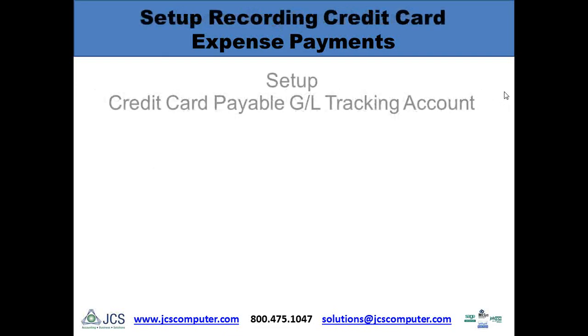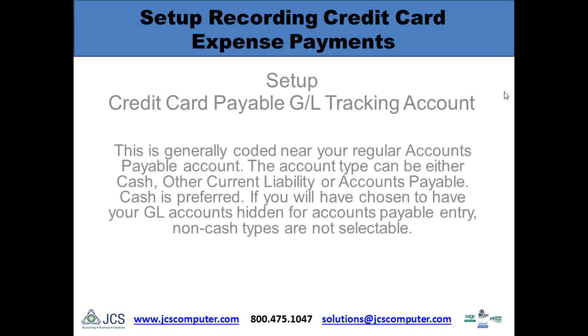First thing we need to do, since we're going to be tracking things using a special credit cards payable tracking account, is that we need to set that up. In order to set up that tracking account, we can put it someplace in our chart of accounts, usually close to our accounts payable account, and we give it an account type of either cash, other current liability, or even accounts payable.